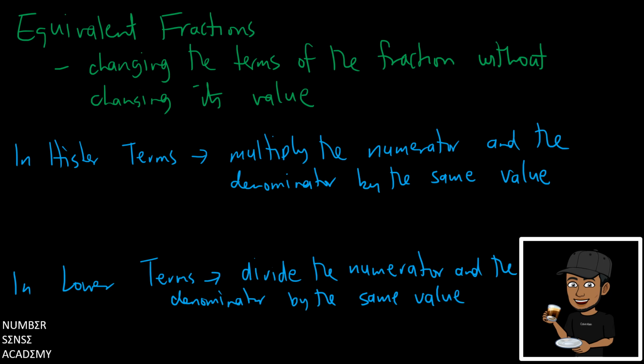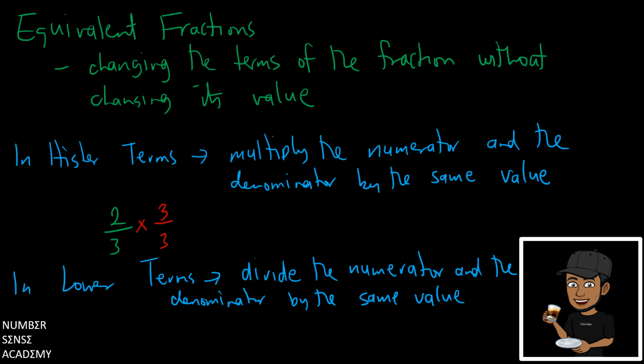Now I'll do a quick example to show you how this works. We have some examples coming after this, but I'll do a quick example just to demonstrate. So if I have 2/3, I could raise this to higher terms without changing the value. So imagine I multiply both of these by 3/3. Follow the rules of multiplication: whatever I multiply the top by, I have to multiply the bottom by.